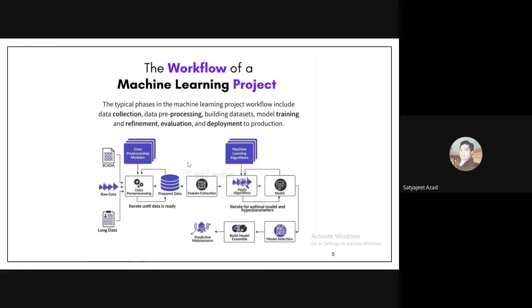That is a case of classification basically. So you build a model based on your historical data, and then you select the best model out of that. And there is something called ensembling that you get to know when you reach decision trees and random forests, where you do bagging and boosting. That is basically your model ensembling, and then you do some kind of predictive maintenance. So this is how your entire machine learning project works basically.